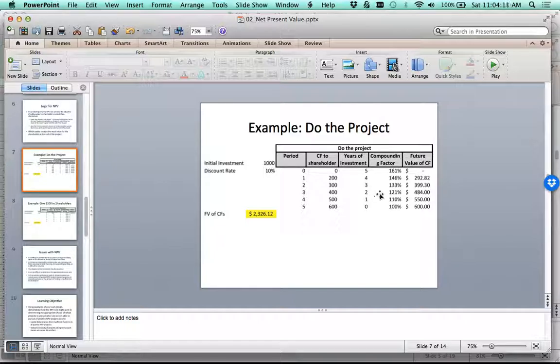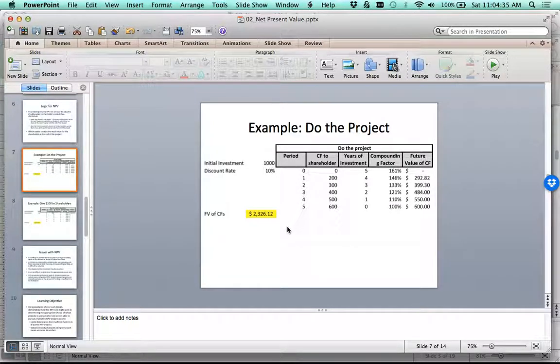So for 3 years, it grows by 133% and goes to $399.30. You can just keep doing that, and obviously at the end of year 5, they're going to get their $600. Since they're getting it at the end of year 5, when we're evaluating values at the end of year 5, there's no years for them to invest it, so it's just worth 100% of $600, so $600.